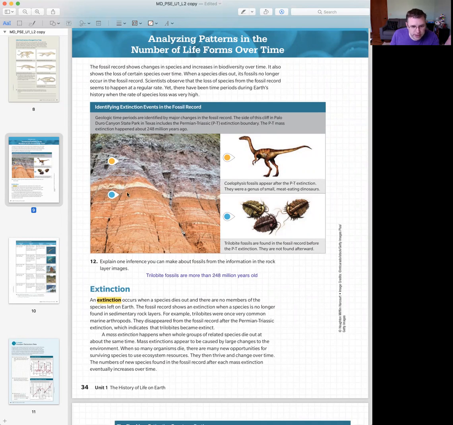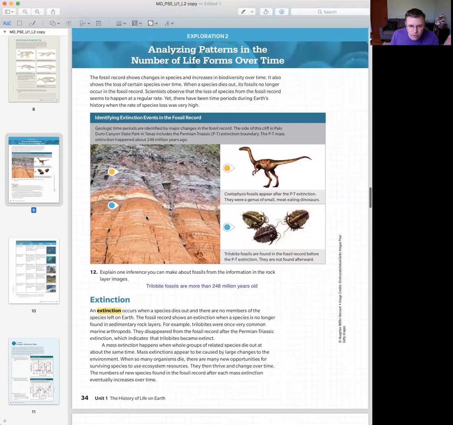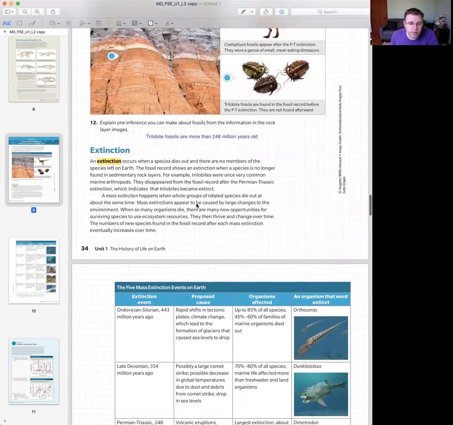So since we can see that they are present lower but not present higher up, these rocks lower are older, so we could say that trilobite fossils are more than 248 million years old, since we know when this extinction event happened, and we can see that marked in the rock layers right there, recorded just naturally from sediments in the rock layers right there.